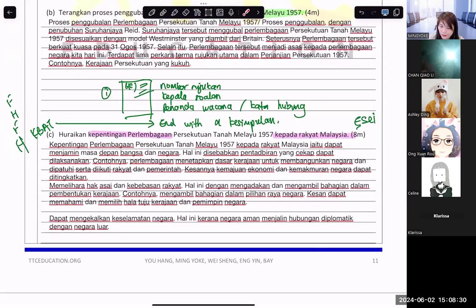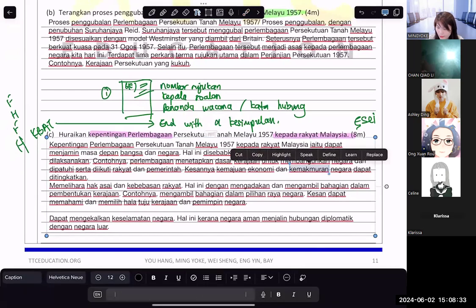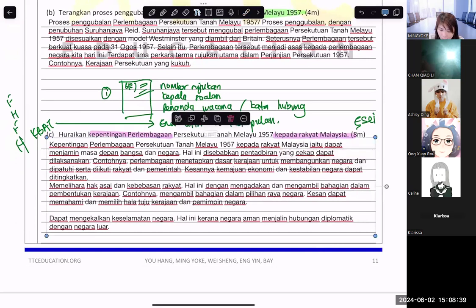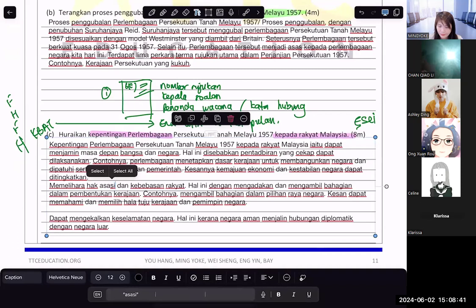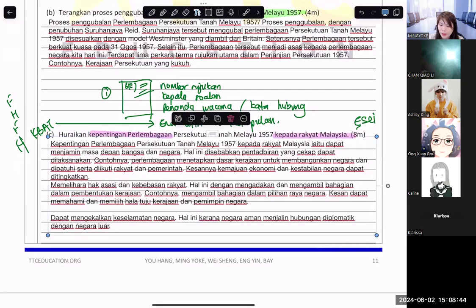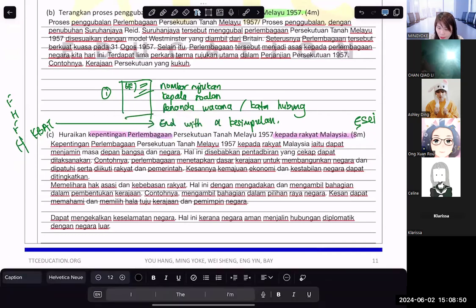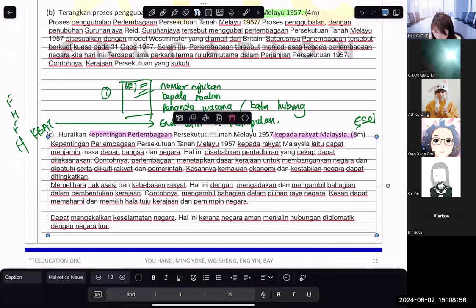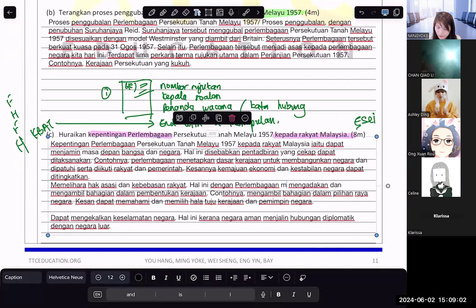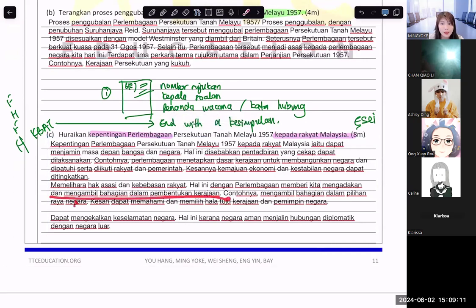Okay? Kemajuan ekonomi dan kestabilan negara. Then we can memelihara hak asasi dan kebebasan rakyat. Why? Because according to perlembagaan, dengan perlembagaan, memberi kita mengadakan dan mengambil bahagian dalam pembentukan kerajaan.